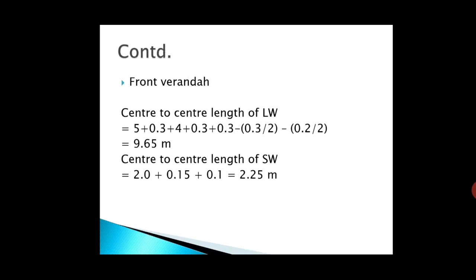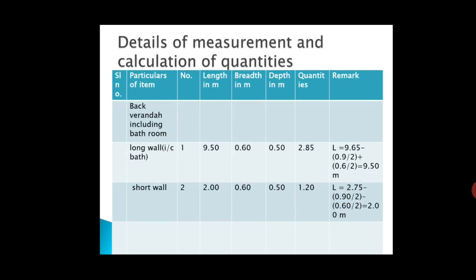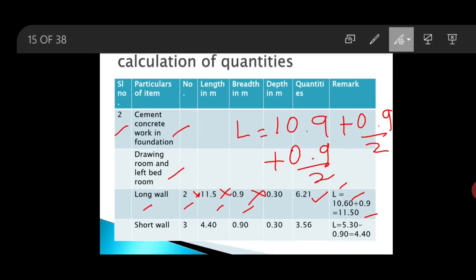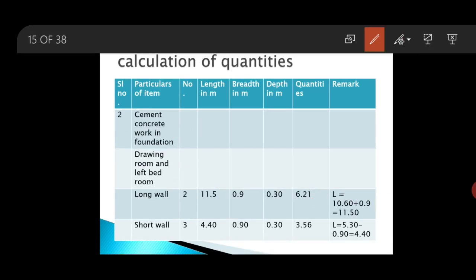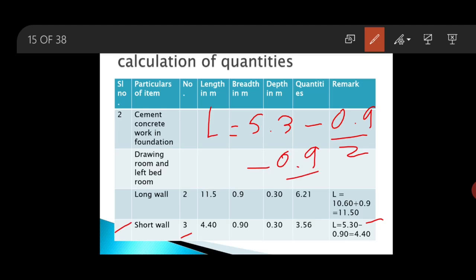In the details of measurement form, you can see this one is short wall, number is 3, length is 5.3 from center to center length, subtract half of the width from both sides.